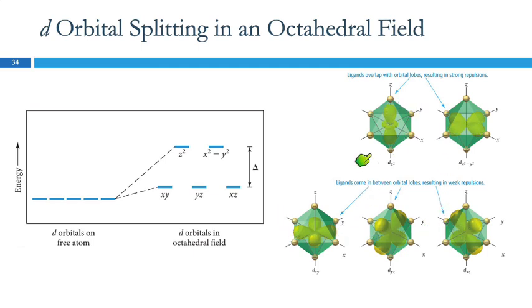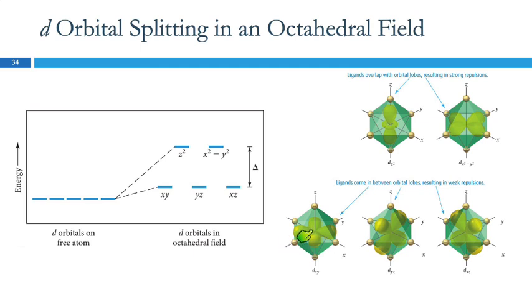So the way it works out here is that for this orbital, it's going to line up with the ligands on each side. Well, that's going to be higher in energy. And here, these guys are going to line up with the ligands. The ligands overlap with the orbital lobes. That increases the energy because there's repulsion there. It's like, you're in my space.